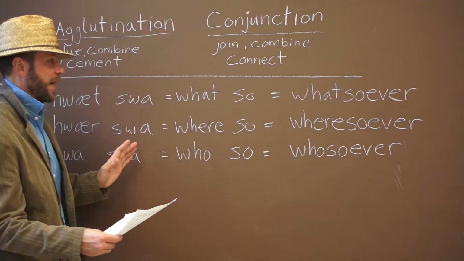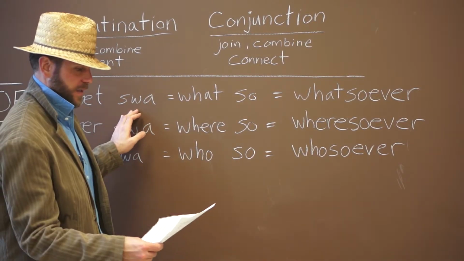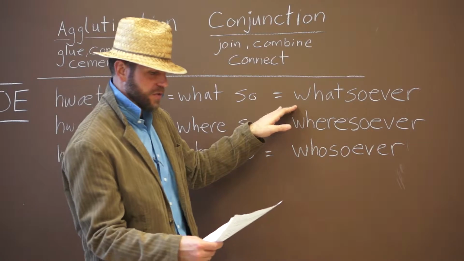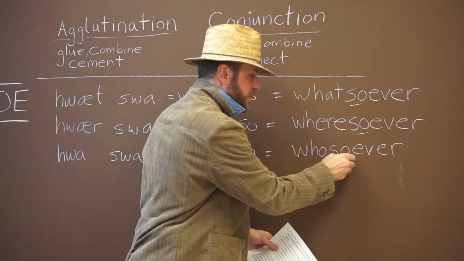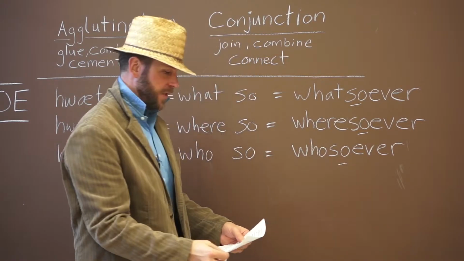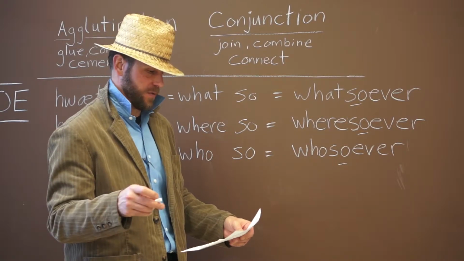And now look what we have here. They began as separate words and became agglutinations using so. And therefore, they were agglutinations made using the word evolved from the schwa sound.